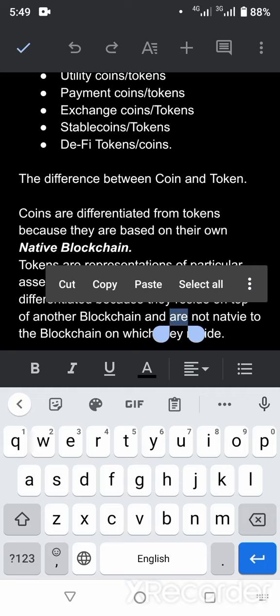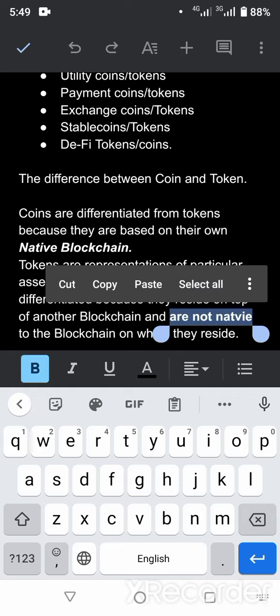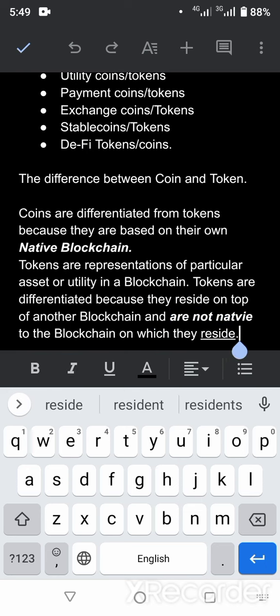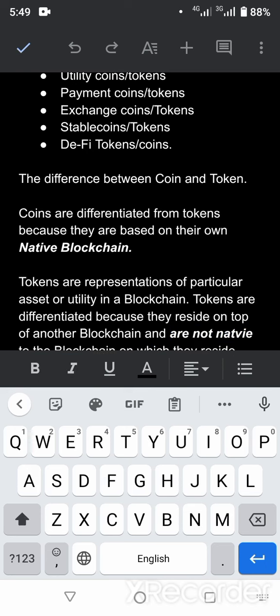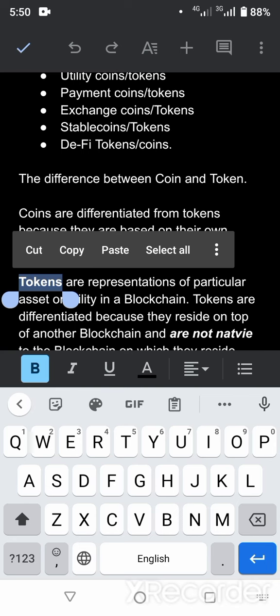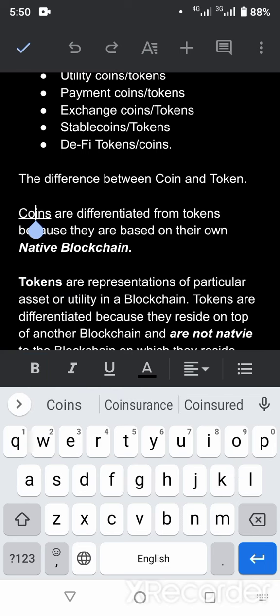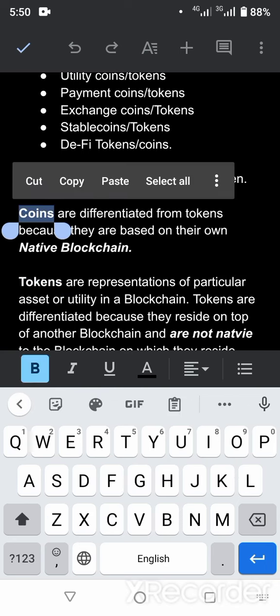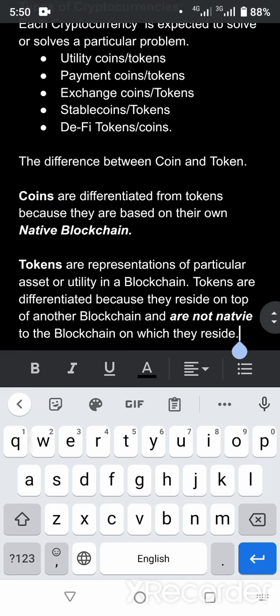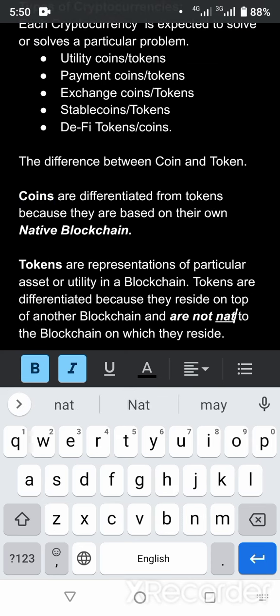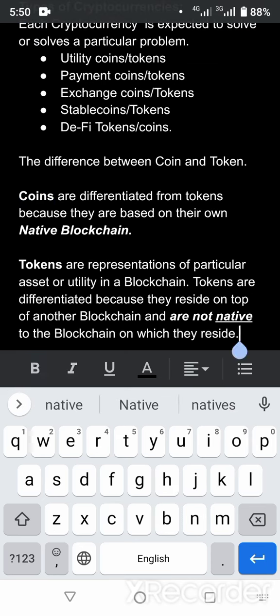Let me put "are not native" on emphasis. That's just the basic difference between coins and tokens. While coins are native, tokens are not.